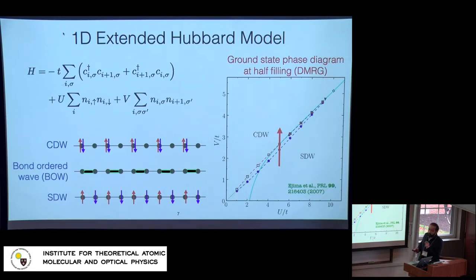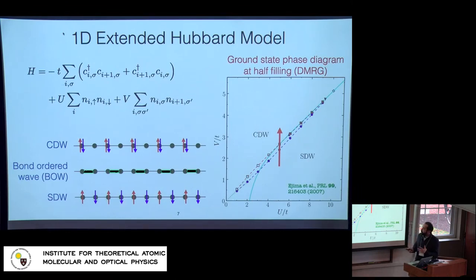An infinitesimal U creates this SDW phase, and on the other hand, if I don't have any U and a very small V, that also induces charge density wave order, and you can see their classical depictions here.